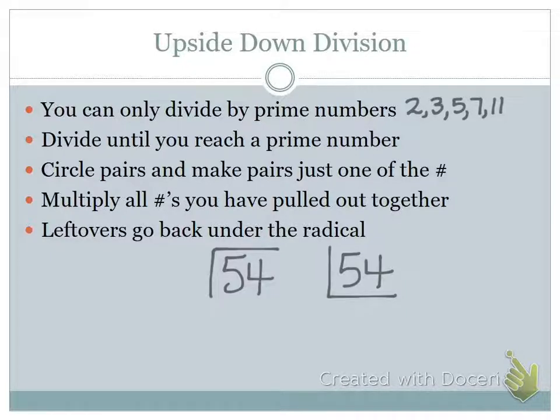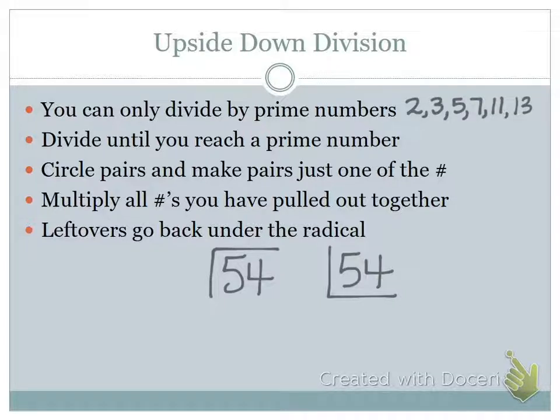And we got to skip 9 because 3 times 3 will also give us 9. And we got to skip 10 because 2 times 5 will give us 10. But then we get to 11, and what comes after 11? 13. Now, this is usually as high as I go, because past 13, you're not really going to have to think of prime numbers. They might show up as you're dividing, but as far as what you're trying to divide by, this is usually as high as you have to go.